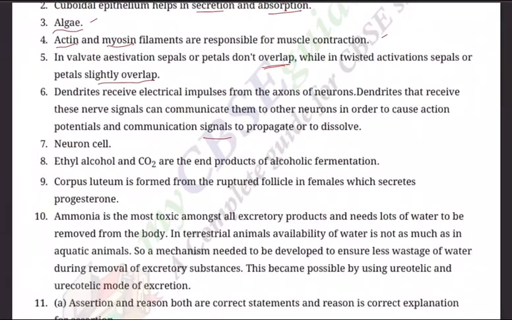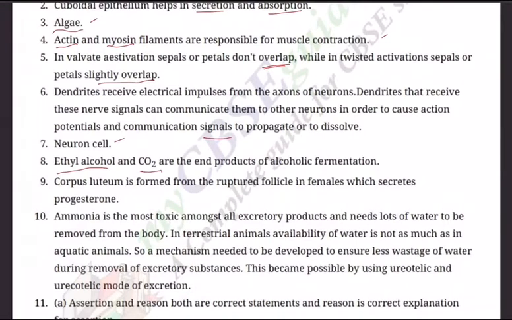Question number 7. Which cell in humans does not have capacity to repair through cell division? That is neurons, nerve cells. Question 8. What are the end products of alcoholic fermentation?